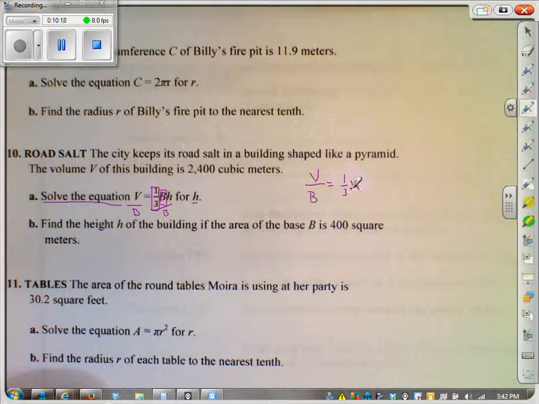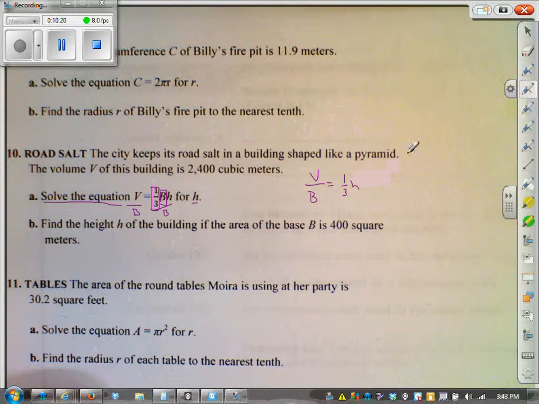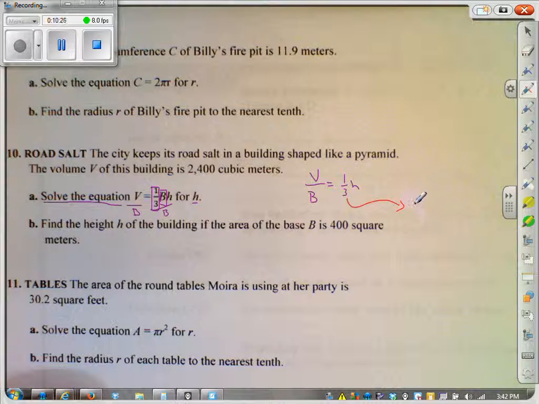Now I'm going to undo this multiply by 1/3, which, just to give you a little heads up, is really h divided by 3, because if I multiply 1 over 3 times h over 1, I get h over 3. So if I undo divide by 3, I'm multiplying by 3 over 1 on both sides, which is what I do whenever I can't divide by a fraction.